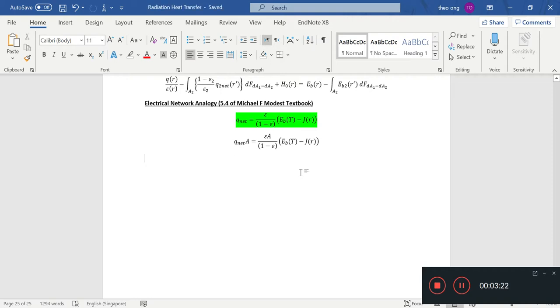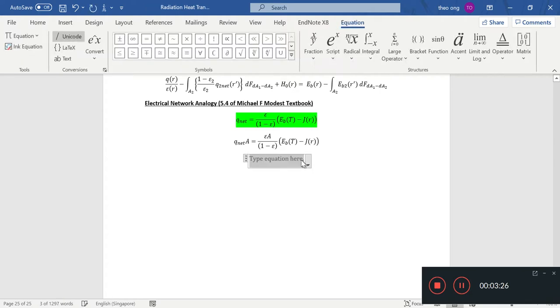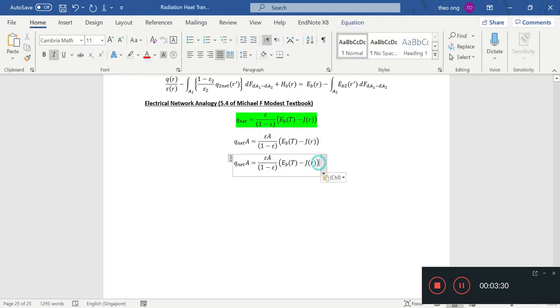So if we were to say this is like the current, so to speak, I'll just invert this.